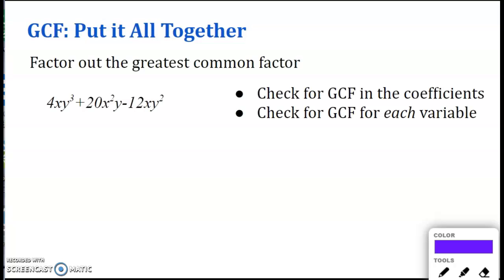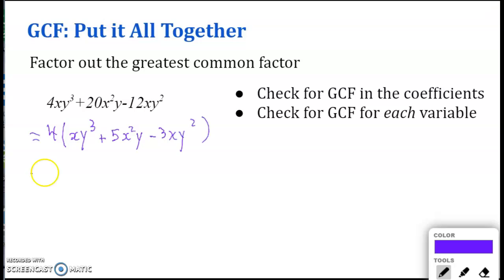That would be 4, right? So I take 4 out, and then you're left with xy cubed, plus 4 times what is 20x squared y? That's going to be 5x squared y. And then 4 times what is negative 12? That's going to be negative 3xy squared.